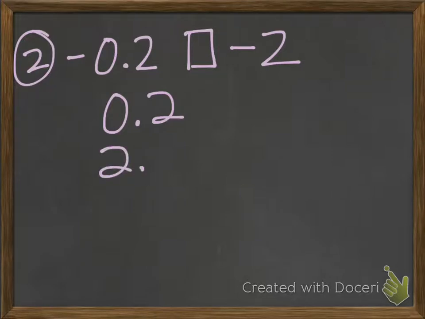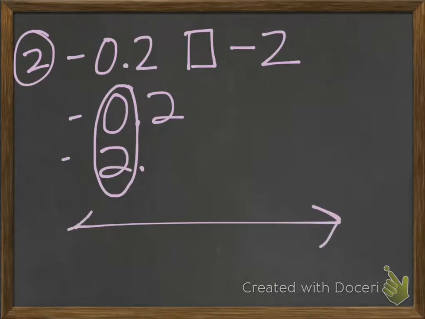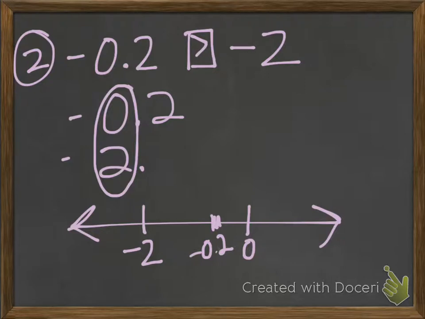They're both negative, so then I look here, 2 is greater than 0. If I think of a number line, -2 is here, 0 is here, and I know 2/10 is somewhere pretty close to 0. We'll say -2/10 is somewhere in here. So I know that -2/10 is greater than -2.